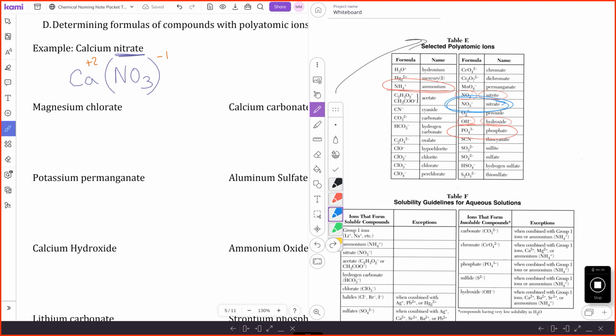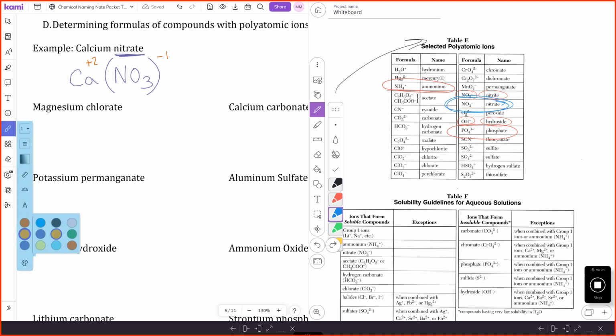Now, regardless of what you do, whether you try and balance it with pluses and minuses, or if you crisscross and simplify, you're all going to end up with the same answer. How does this +2 bond perfectly to that -1?